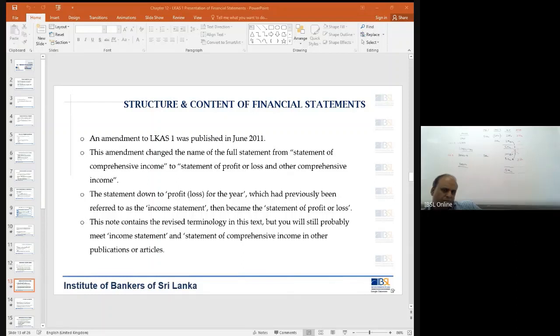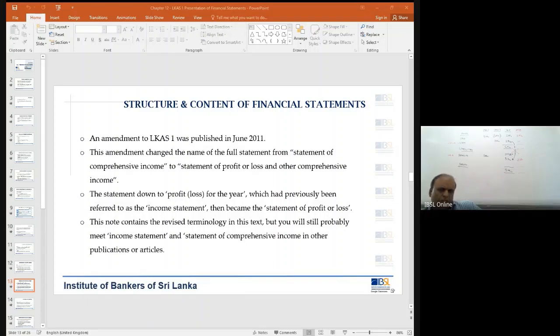Okay. So your P&L has two components. One is called the income statement or your profit or loss, and the second part is other comprehensive income. So both the combination is what your entire P&L statement is.